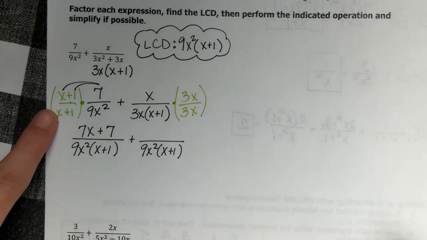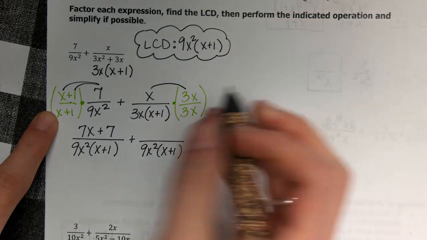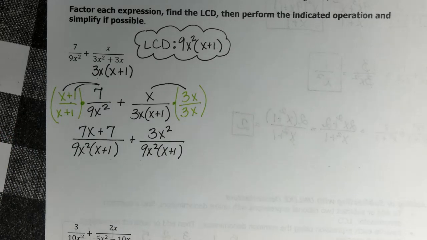Y'all follow me? And then I take x times 3x, and that becomes 3x squared. We good with that? Okay, so now what we need to do, we need to make it all one fraction, and we need to make sure it's in standard form. So remember, standard form is your highest exponent down to your constant.